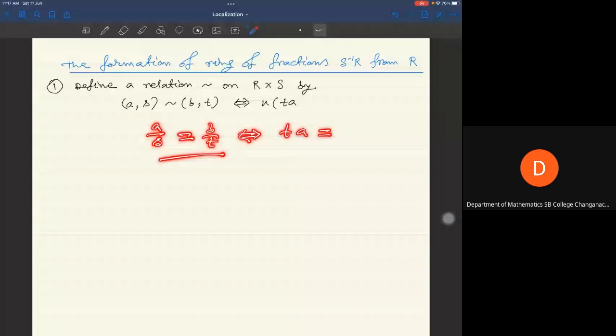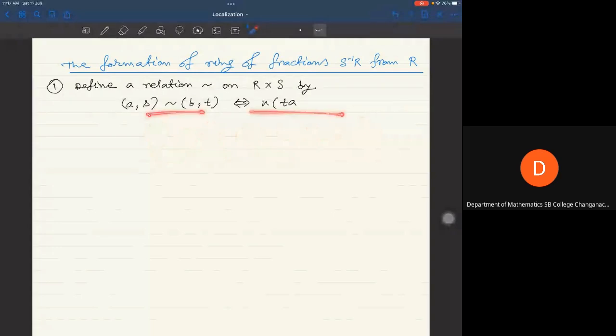To make it an equivalence relation, we define it this way: U times (T times A minus S times B) is 0 for some U belongs to S.